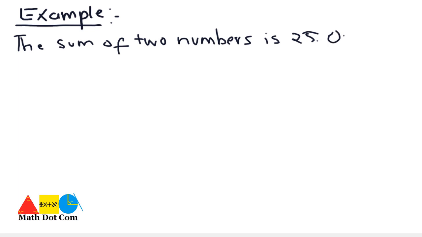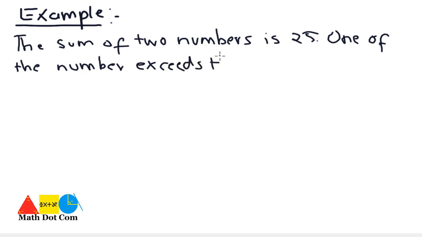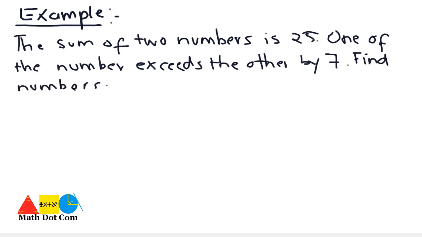One of the numbers exceeds the other by 7. Find the numbers. Now you have to find the numbers. Okay, let's see how we can solve it step by step.